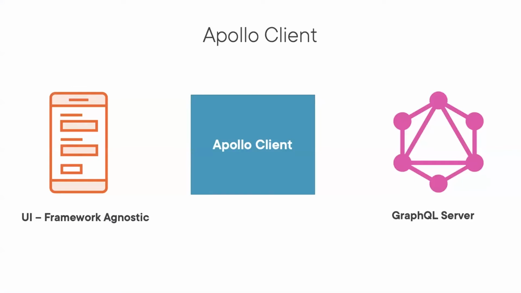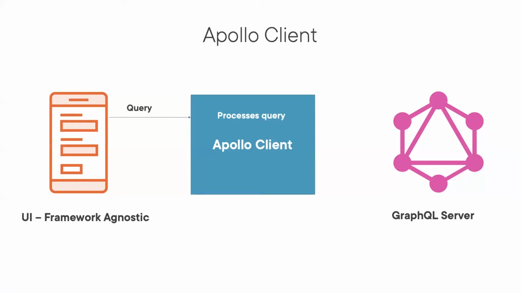Some insights into how Apollo Client really works. Let's say we have our UI, and for Apollo Client, the good news is it's framework agnostic. It doesn't care if you use Vue, React, Angular, or even iOS. From your UI layer, you send a query, and instead of directly sending it to the GraphQL server, you send it to the Apollo Client.